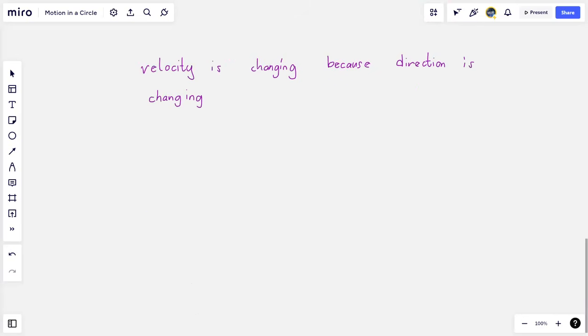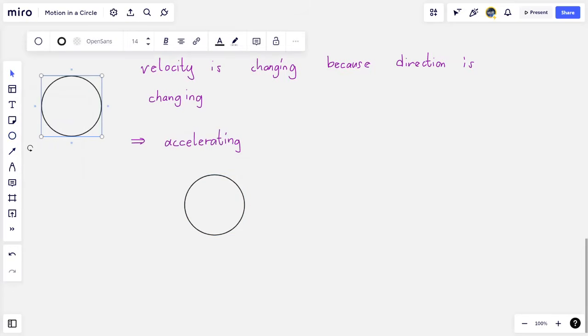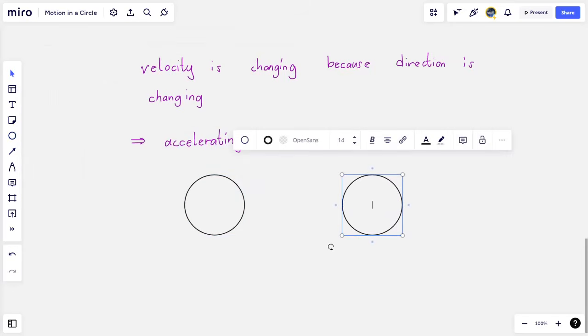And so if velocity is changing, we know what that means. That means I'm accelerating. So the object moving in a circle is undergoing acceleration. Not because the speed is changing, but because the direction is changing. So acceleration can occur even if your speed is remaining constant, which doesn't seem the most obvious thing, but it's possible.